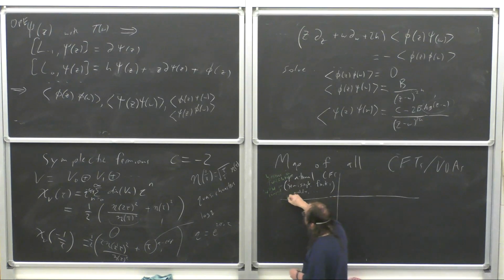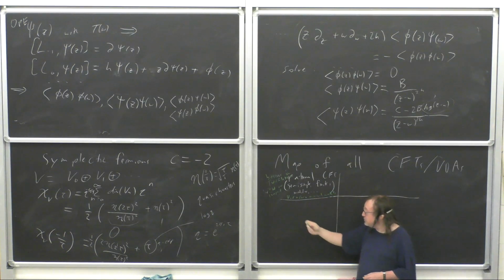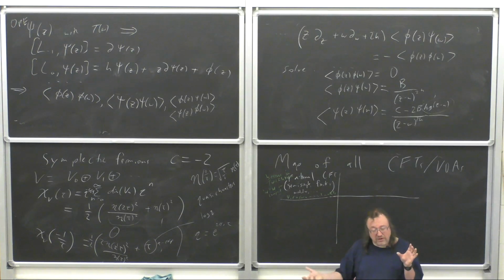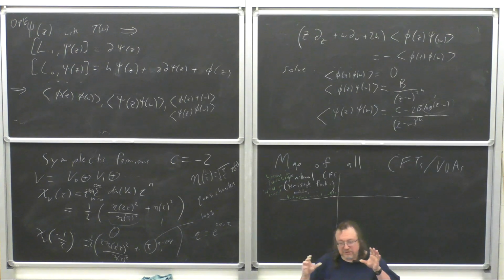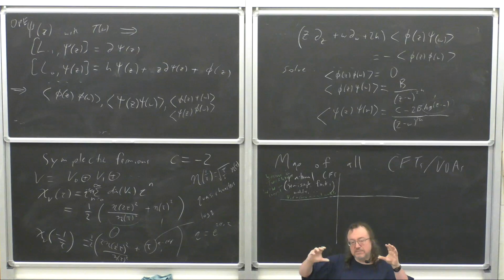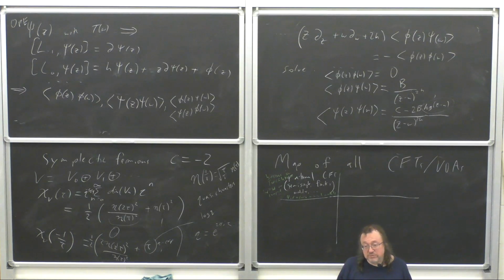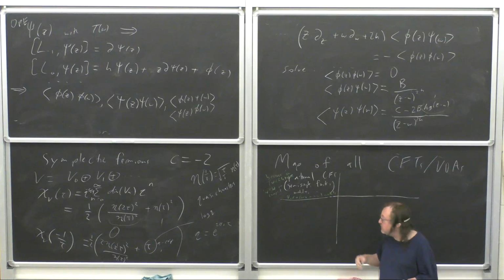You have Virasoro minimal models. Conjecturally, if you choose any rational VOA, you choose any finite group of automorphisms, and you look at the fixed points of that group of automorphisms, then you get a much smaller but still rational theory. So that's proved now for solvable groups, but for other groups it's not. The moonshine module is another example, et cetera, et cetera.